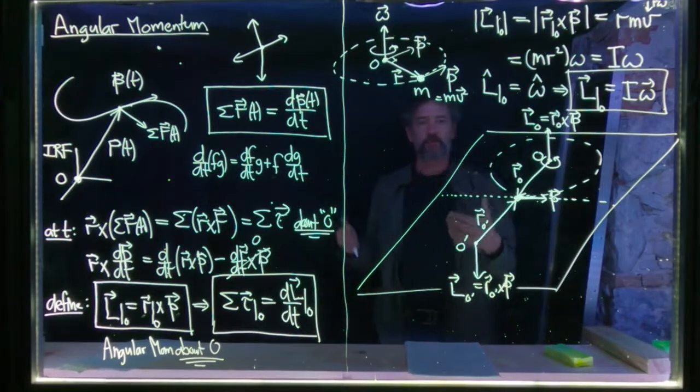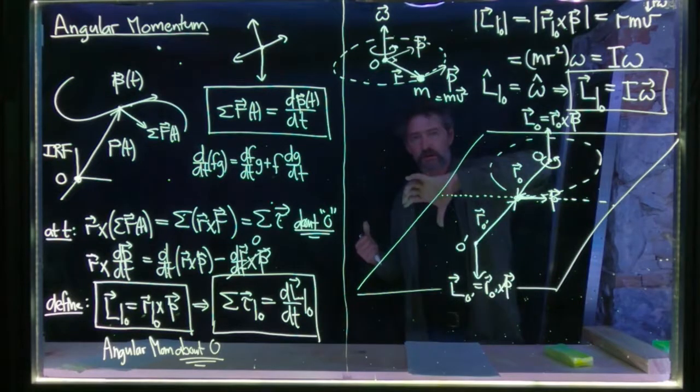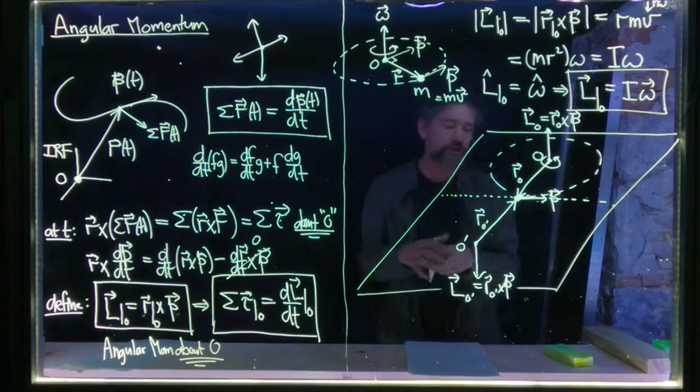So I stick my thumb in the direction of the angular momentum, which is down, and my fingers curl this way. Looking down from the top, we're talking about clockwise rotation.